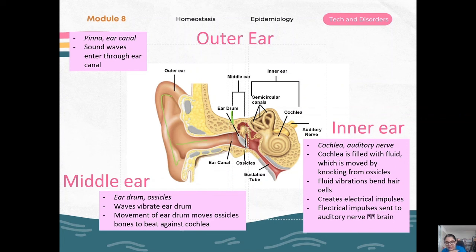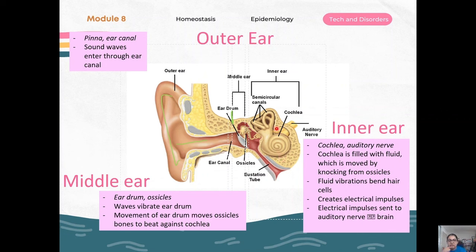Then the inner ear includes the semicircular canals, the cochlea, and the auditory nerve. Once the ossicles beat against the cochlea, there is fluid in there, and little hairs line the cochlea. Those little hairs are responsible for converting the frequency of different sounds into electrical waves.